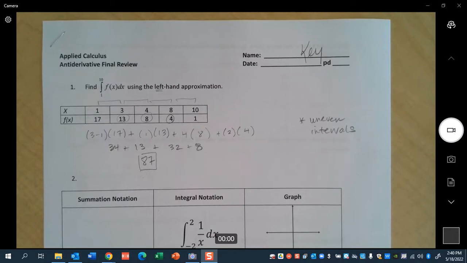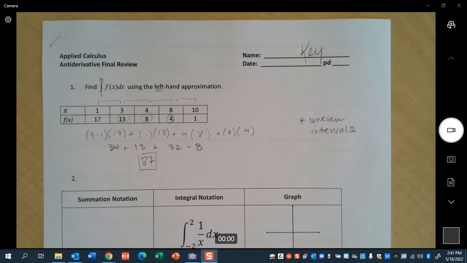A lot of you painstakingly filled out every single part of your trip project by doing 15 seconds times 15 seconds times 15 seconds times. Then a couple of you figured out you can just add up all of those speeds and multiply them by 15 because they were even intervals. When you do not have even intervals, you have to figure out the change in your x's for each one.